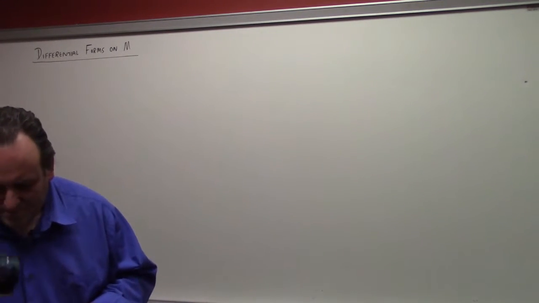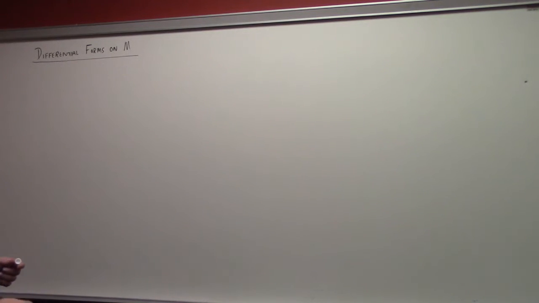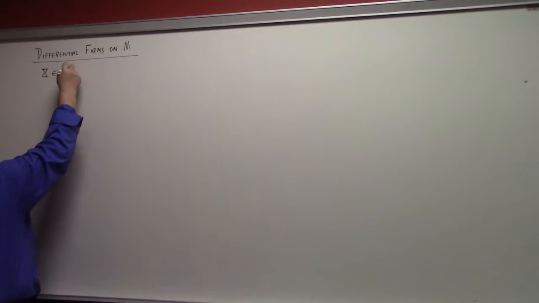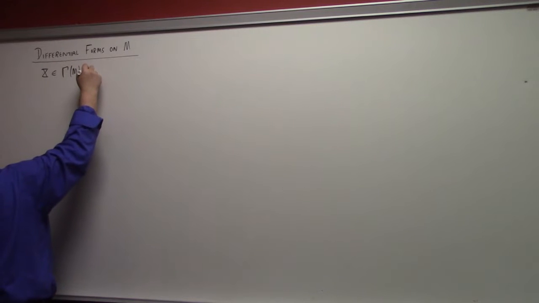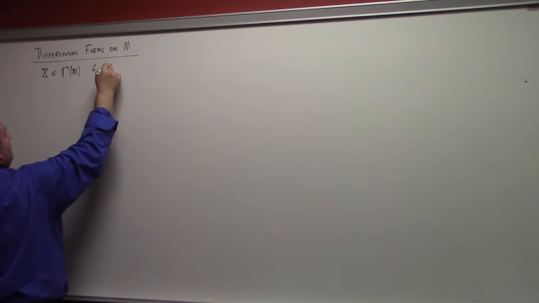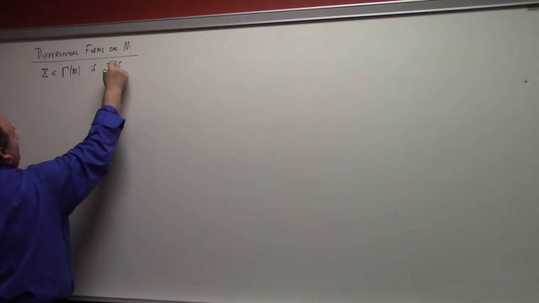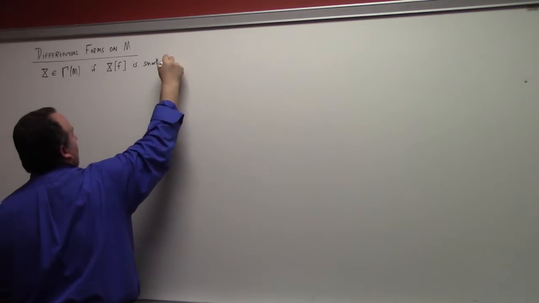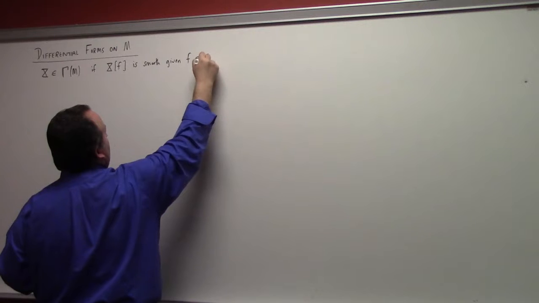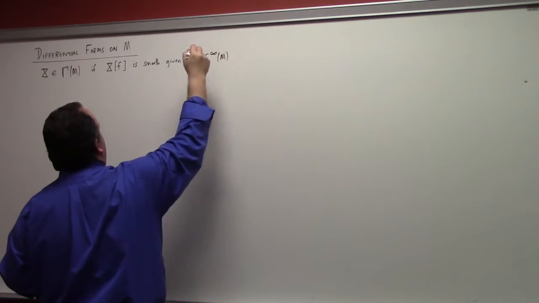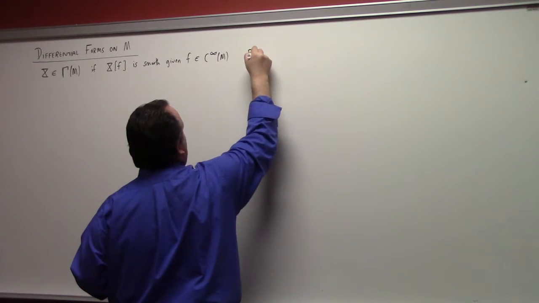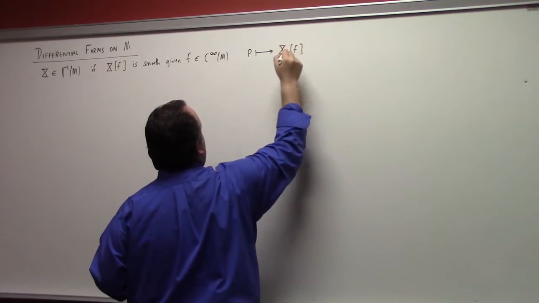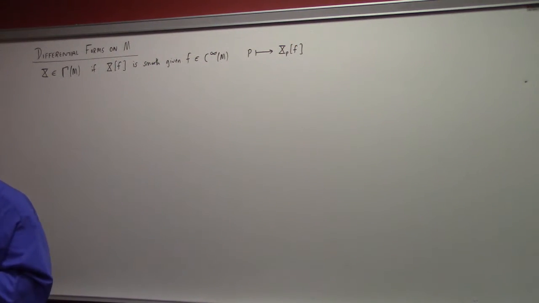Well, that would just mean that if X is a vector field on M, then given f a smooth function, the mapping p maps to X_p of f is smooth.